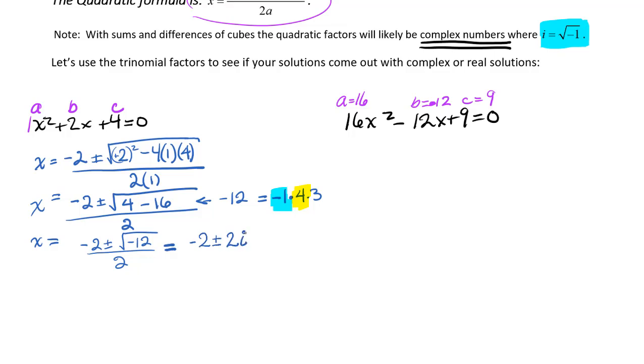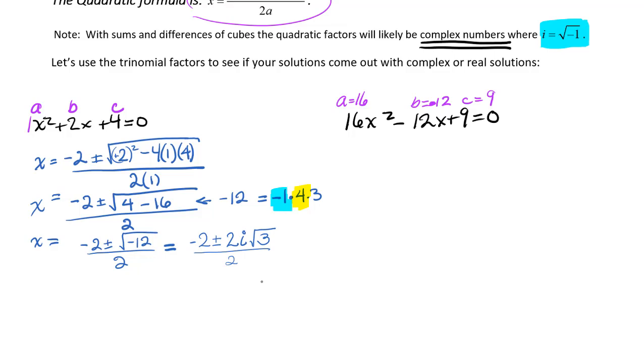The i is coming from the negative 1 inside the radical, so we can replace it with i outside the radical. And root 3 stays in because 3 is a prime number. And then 2 is the denominator.